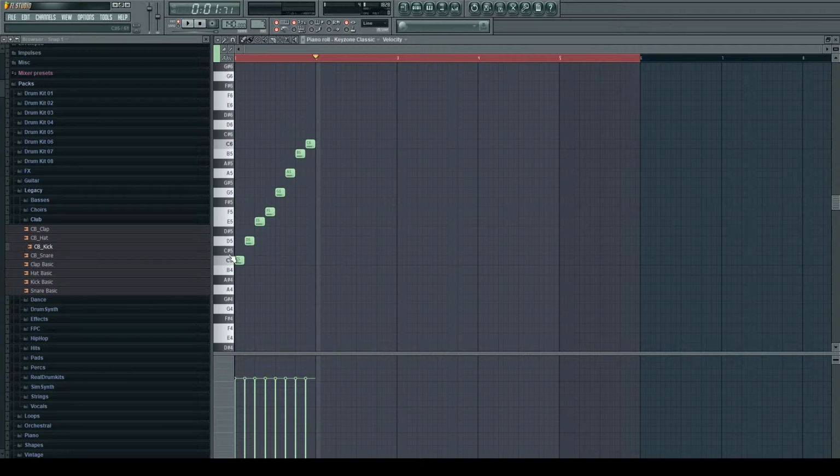So here from C to E, that would be counting the black notes: 1, 2, 3. That's an E. And then from the E to G, that would be 2. And then from the G to B, that would be 3 again. So it's 3, 2, 3. I hope this is making sense and not making it even more confusing.